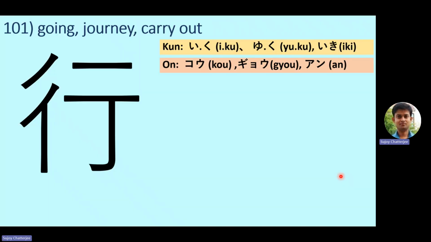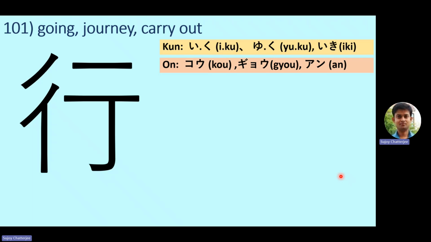The first one is this character, which is very common, and you have used this many a time. It represents going, journey, or to carry out something. Very commonly, in the verb iku or ikimasu, you have used this character. So what are the readings?